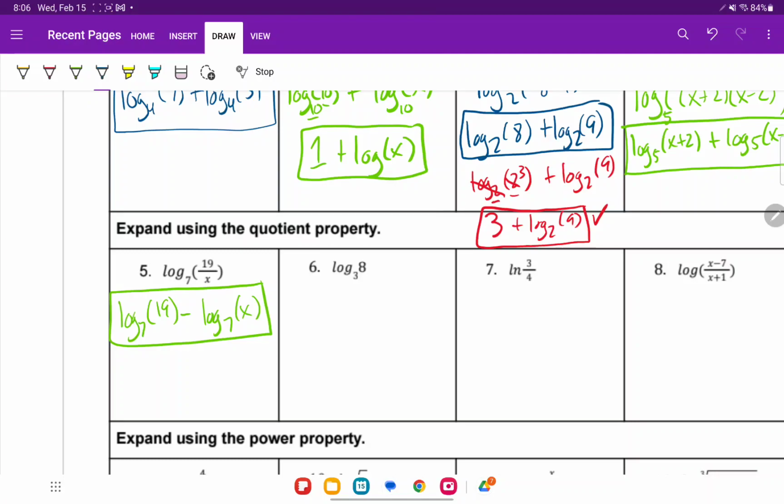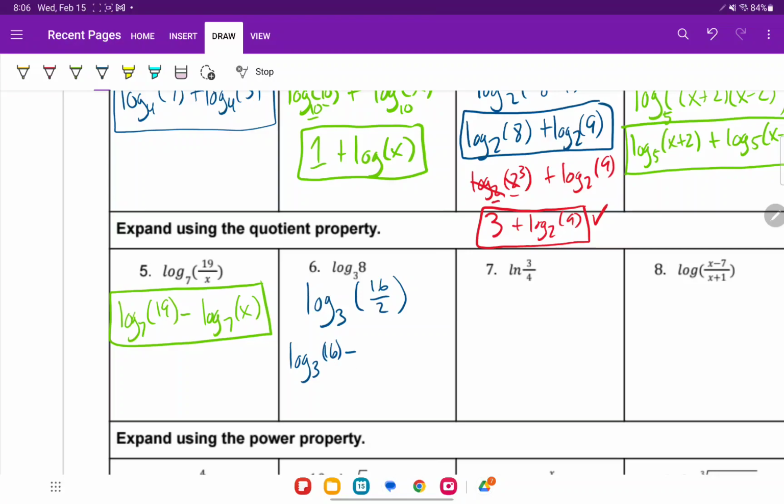Okay, so this one's a little bit different. Log base 3 of 8. It wants me to use the quotient property, but I'm assuming here you have to figure out two numbers that divide in to give you 8. So in this case, I'm going to rewrite it as log base 3 of, unless we know that 16 divided by 2 is 8. So when we expand these, the top part is going to be log base 3 of 16.